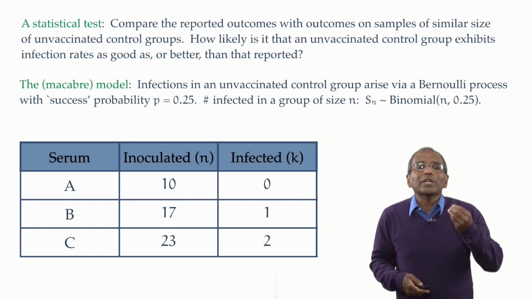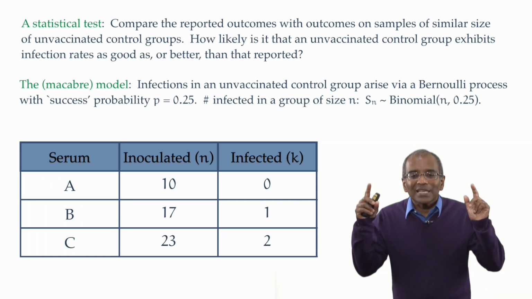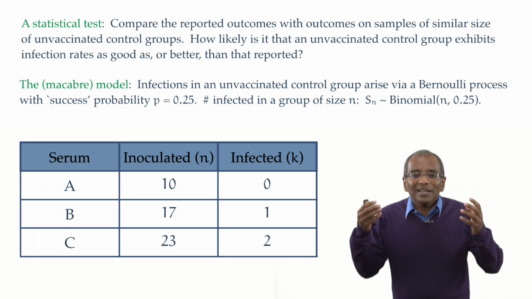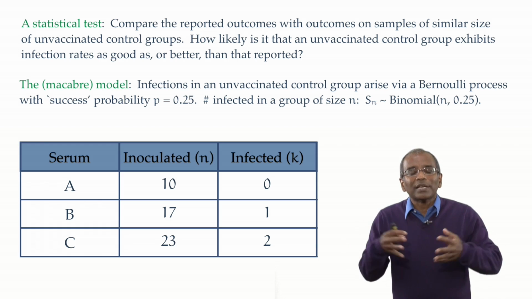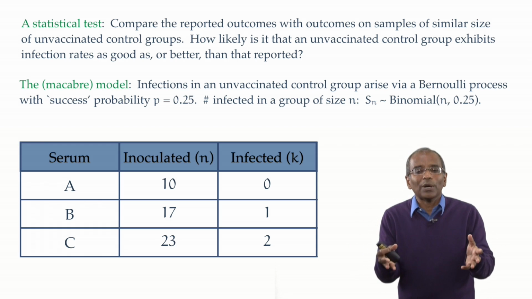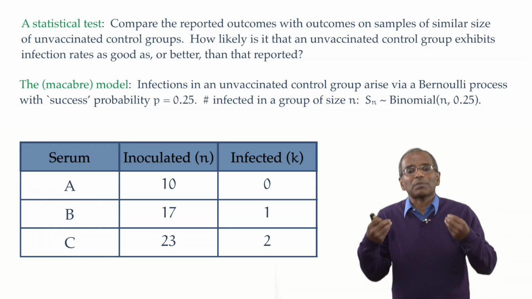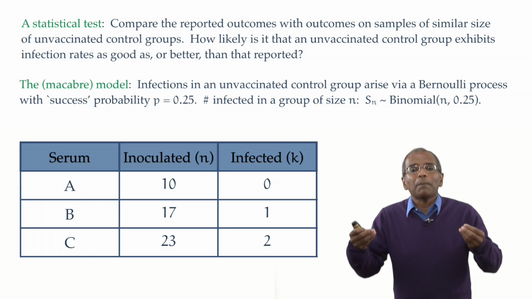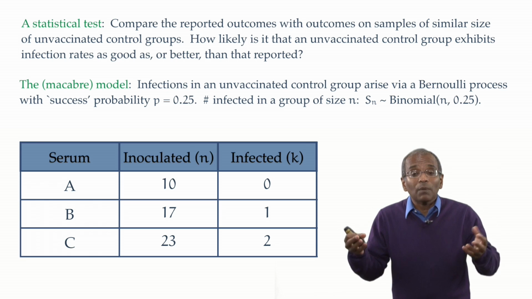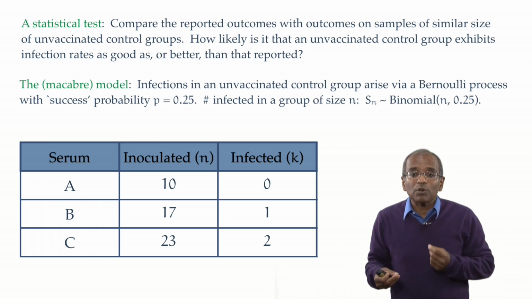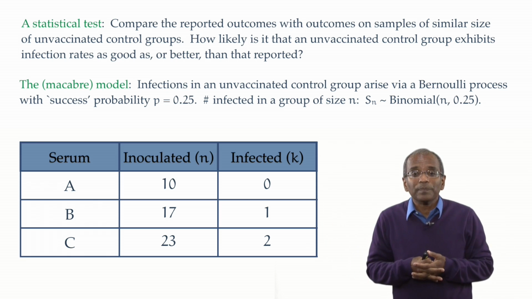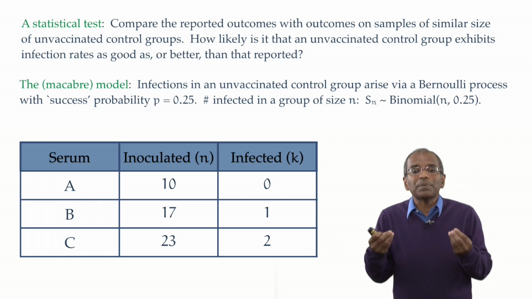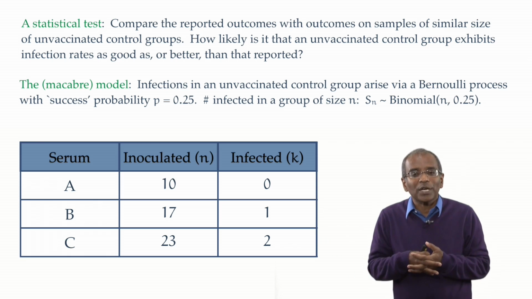In other words, we are looking at the accumulated number of successes, illnesses, in that group of n cows. And of course now we know that S sub n, the accumulated number of successes, is governed by a binomial distribution with parameters n, the number of trials, which is the number of cows in the group, and success probability p of 0.25, macabre to be sure, connotes falling sick.